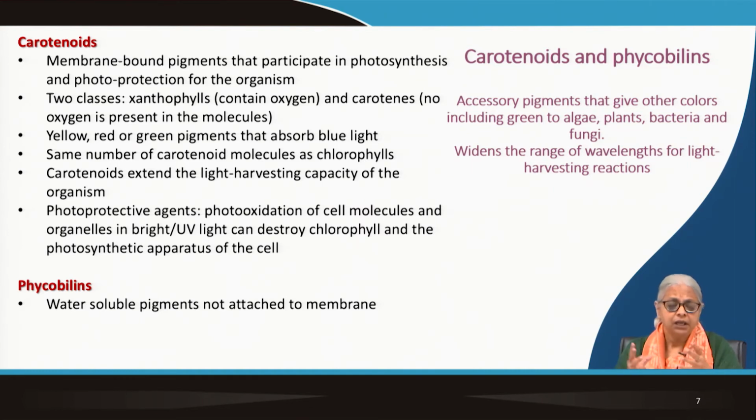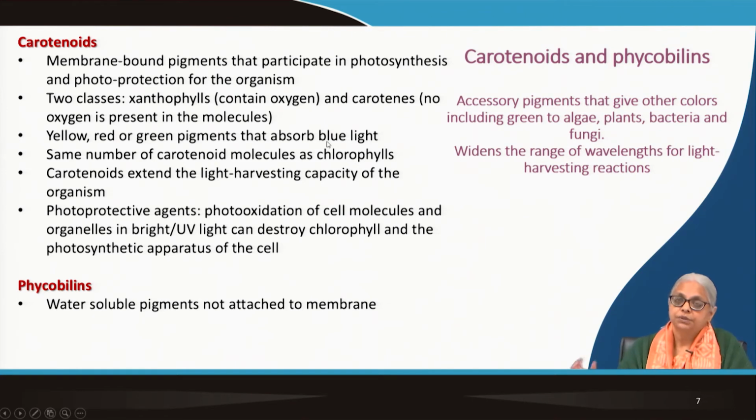You all know that UV light in many cases has been blamed for higher incidence of skin cancers and so on in human beings. So similarly, for plants and other pigmented organisms, it can cause severe damage to the genetic material of that organism. So photoprotective agents are required, and these carotenoids perform that function by absorbing blue light.